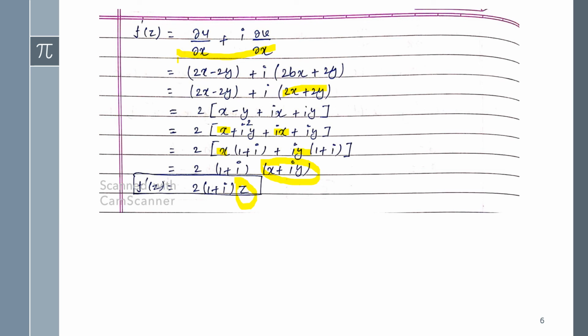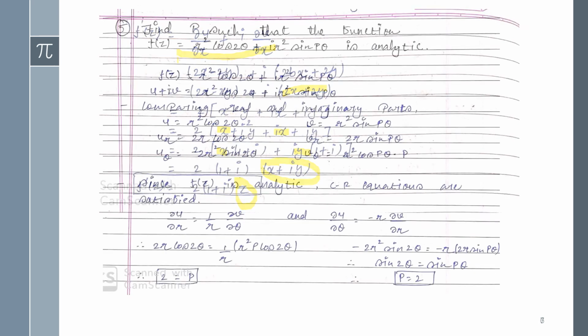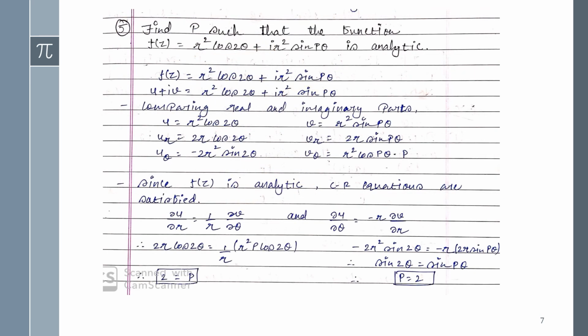So hope guys you all liked my examples, and here I have written one more example, and you can observe it's given in the polar form, and for the polar form we have to write its polar CR equations, right? So here the CR equations will be changed only, but the method will be same.